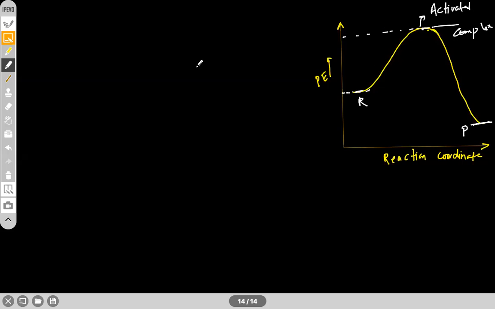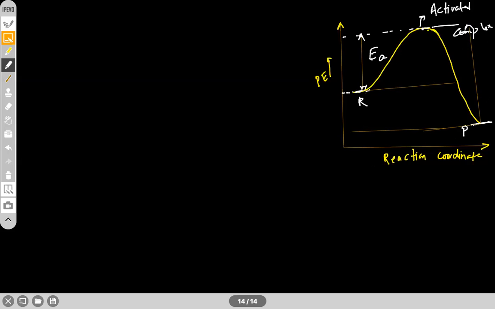This energy difference from the reactant to the activated complex is one thing. This other energy difference is another term, which we'll discuss later. The difference from the reactant to the activated complex, we call the activation energy, EA.